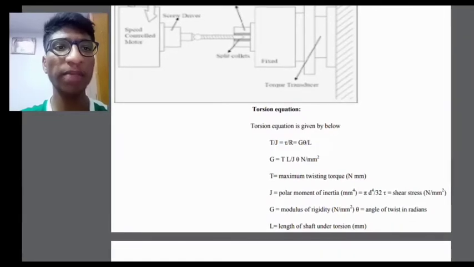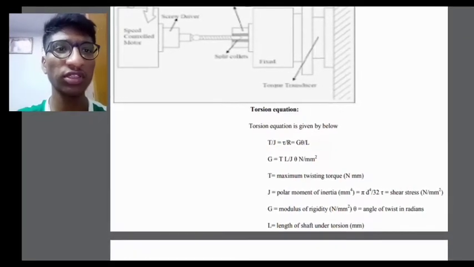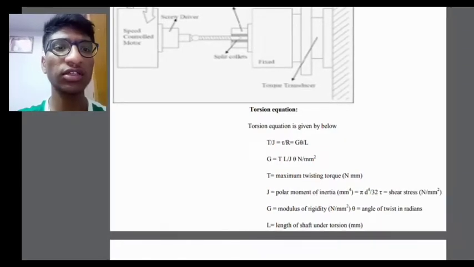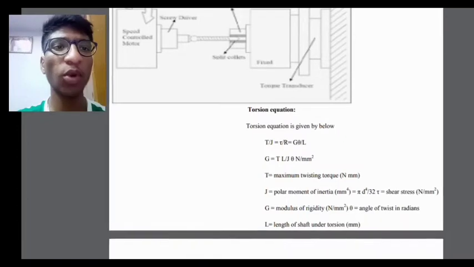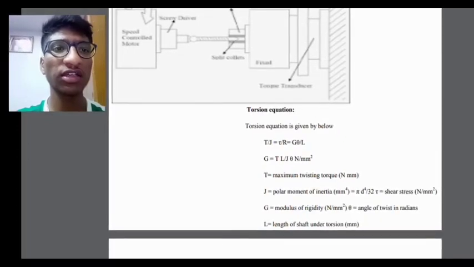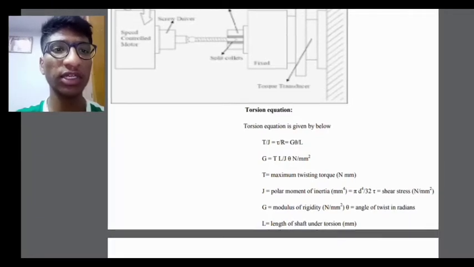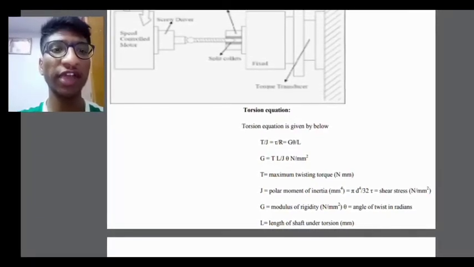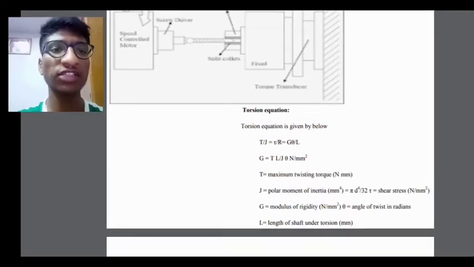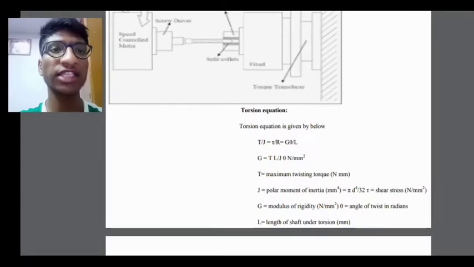T stands for maximum twisting force, how much force we are applying, which we know by using the torque meter. J stands for polar moment of inertia, equal to pi d power 4 by 32. G stands for modulus of rigidity, the finding factor. L stands for length of the shaft, which is the gauge length.